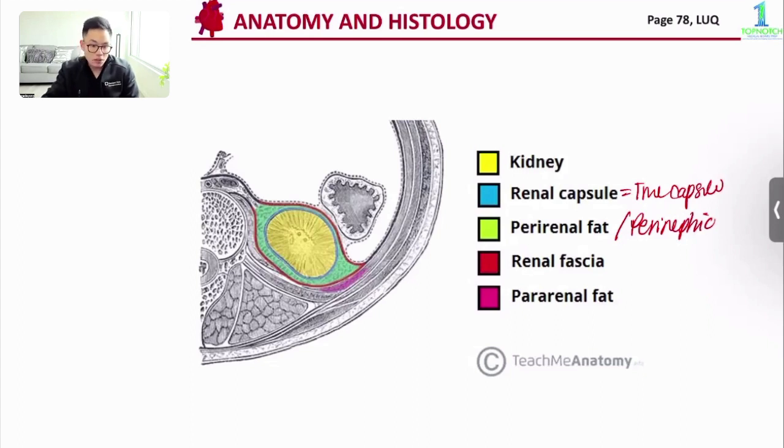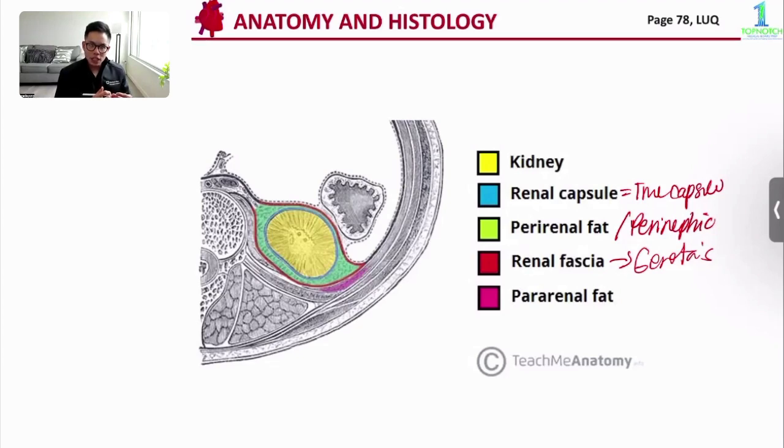Next is the renal fascia, known by the eponym Gerota's fascia. Gerota's fascia covers the kidney, but it is devoid inferiorly. So if you're going to do, let's say, a kidney surgery, you might enter through the inferior portion because it is devoid of fascia.